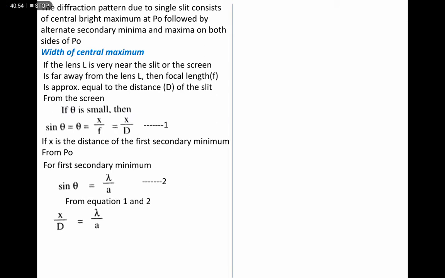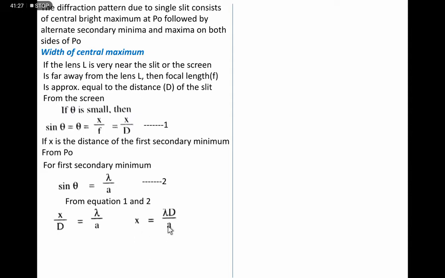You can even replace f with D. So our equation is sine theta, or theta, is equal to x by f, which is equal to x by D. Now for the first secondary minima, we know that sine theta is equal to n lambda by a, and n is equal to 1 for the first secondary minima. Therefore the equation is sine theta is equal to lambda by a. Comparing these two equations, we get x by D is equal to lambda by a.